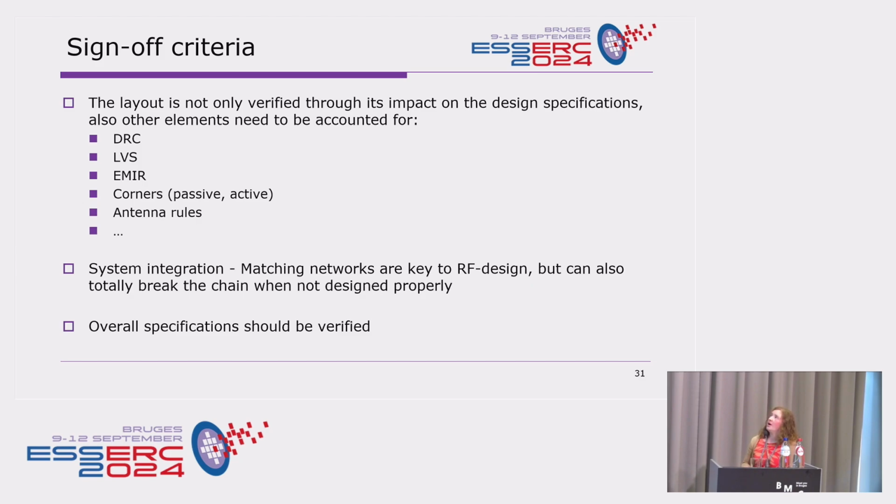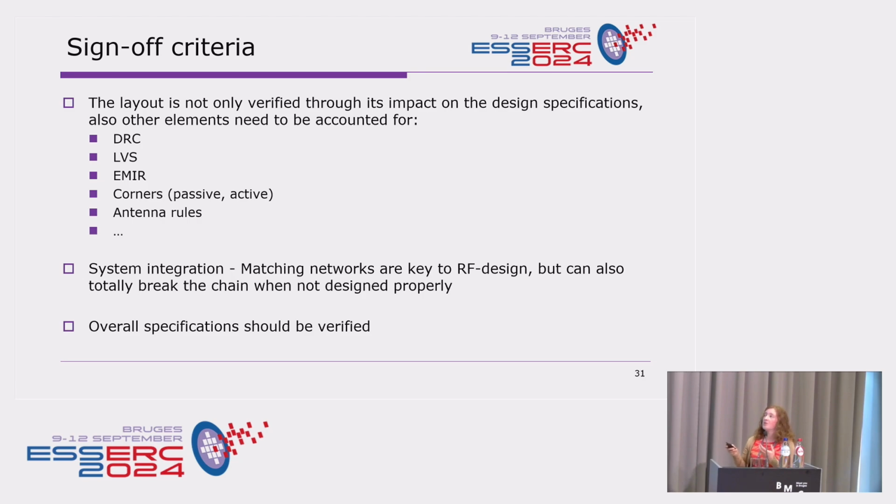Now, okay, the layout needs to match the specifications, and you also know the DRC, LVS, that needs to be fine. But what is also important is, for example, EMIR. When you draw a line, you need to be sure that the current that you want to go through that line can go through it without breaking it. So that's an extra step that you need to take. You also need to take into account corners.